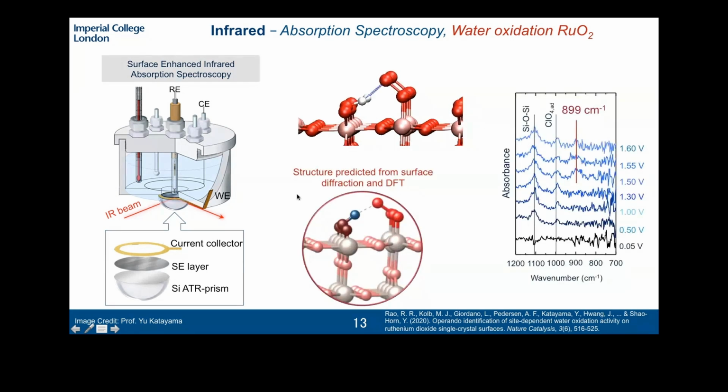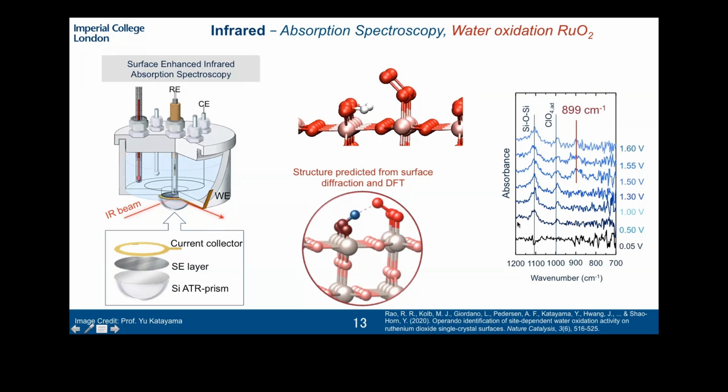So here's that example of ruthenium dioxide that I showed you before, where using surface diffraction, we were able to figure out that you have this OO group on the surface. Another technique you can use to probe the presence of this group is infrared spectroscopy, where we know using DFT that this has a classic vibrational mode at about 900 wave numbers.